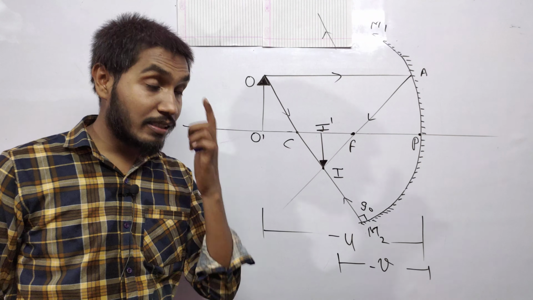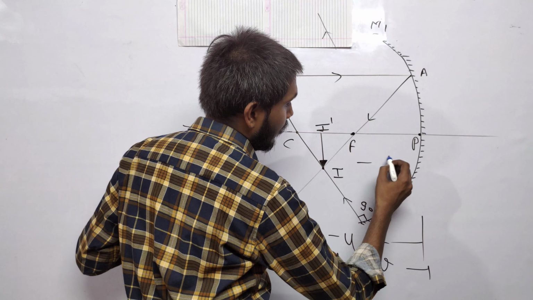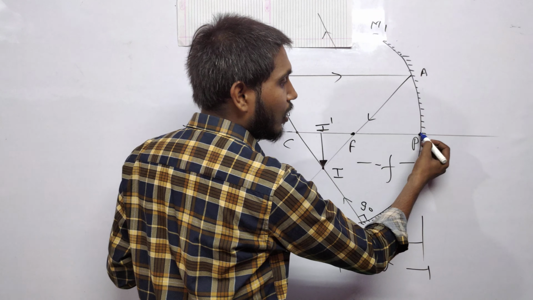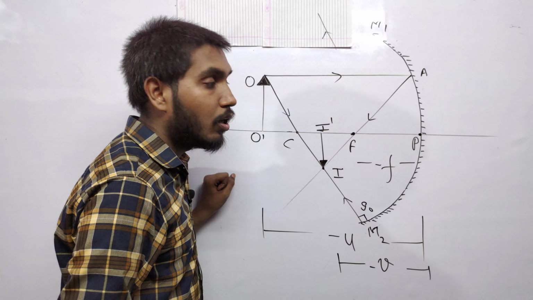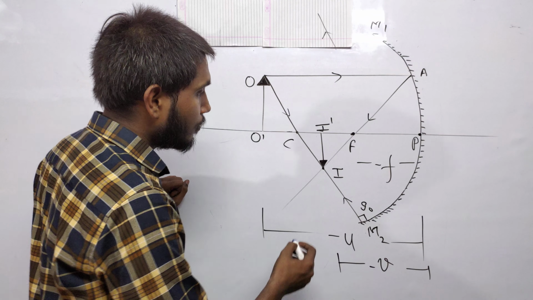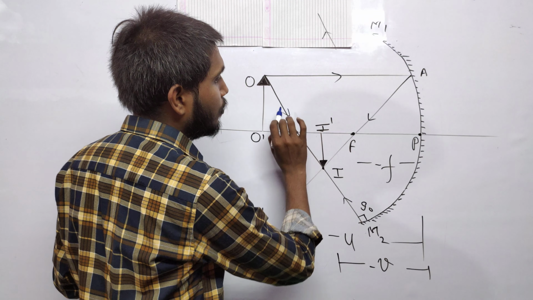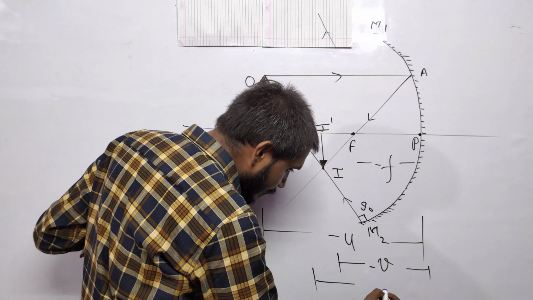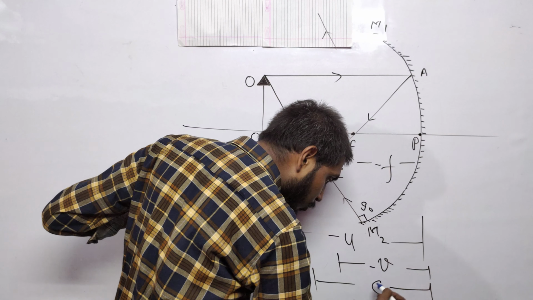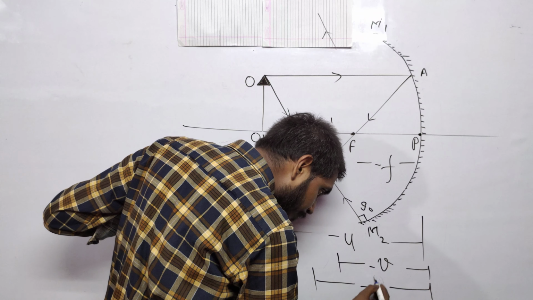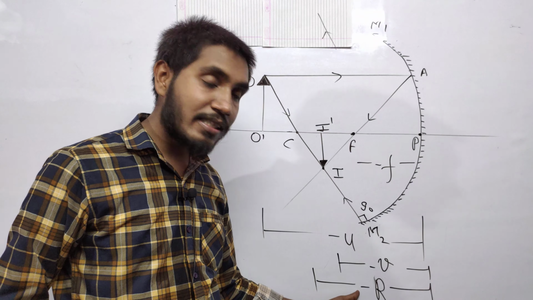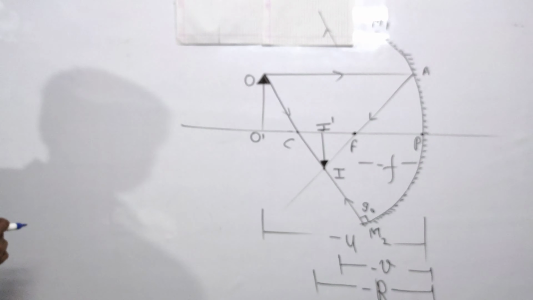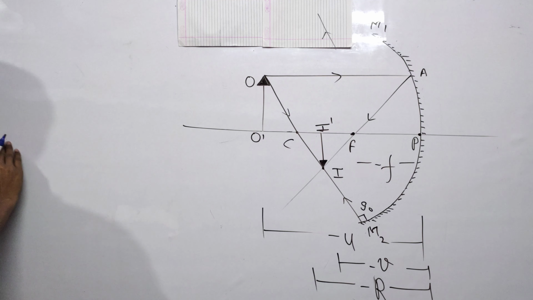And this is the focal length, opposite direction, with a negative sign, because all distances are taken from the pole. Okay, and one more thing, beta: the distance of the center of curvature from the pole, that is the radius of curvature, capital R, with a minus sign. Why? Because it is opposite in direction to the incident ray. Okay, and now let's see.